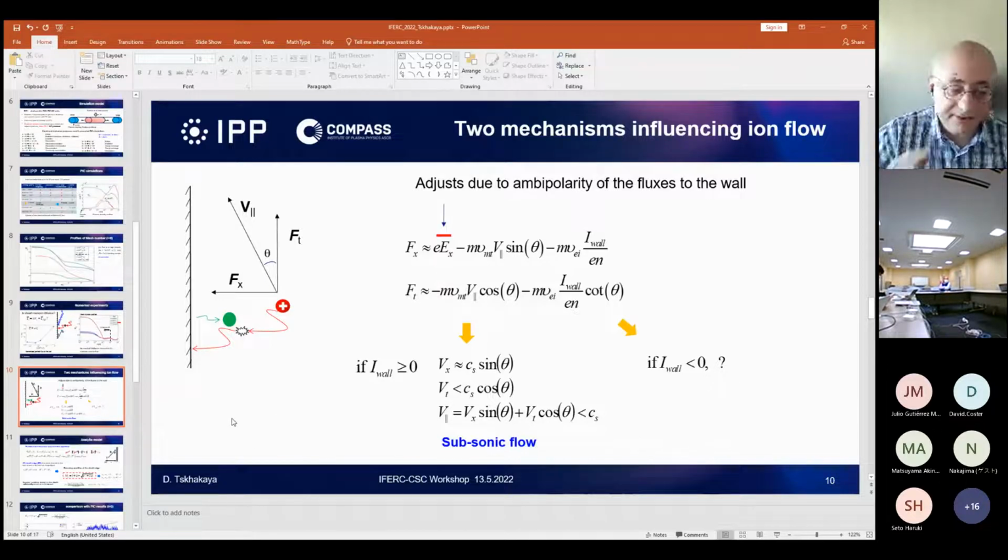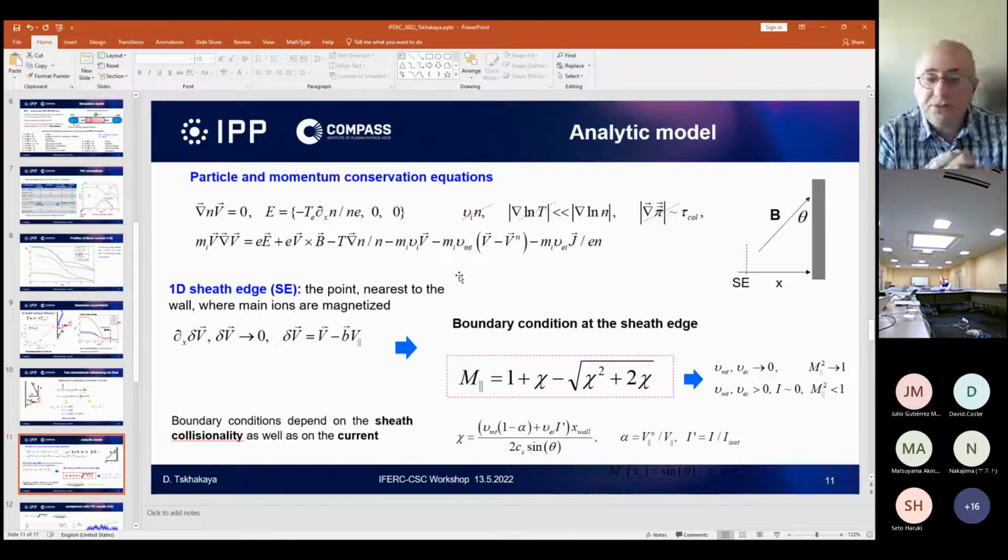We assumed, even at the PSI presentation, that we should have a region where we have subsonic flow and a region with very strong negative currents and supersonic flows. But this was not the case, as I will show. Okay, this was very nice, maybe, as simulations, but you never fully trust only simulation. You have to have a corresponding analytic model. And after a number of attempts, we managed to do it.